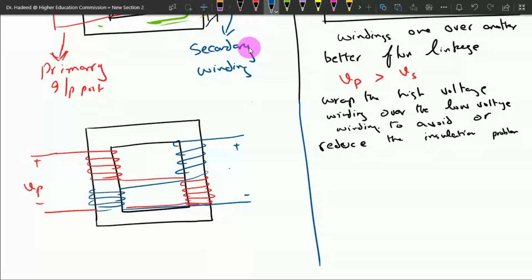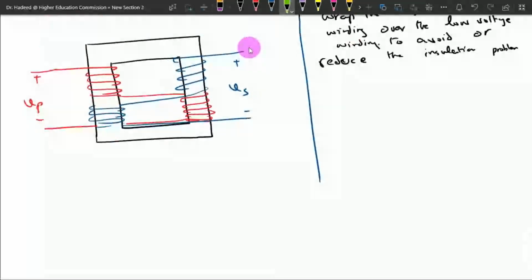So this is Vs. So with this particular arrangement, you can see that now the primary winding and secondary winding are both wrapped on both of the limbs of this particular core, and therefore the problem of weak flux linkage is somehow addressed in this configuration of the winding. This is known as interleaved winding.